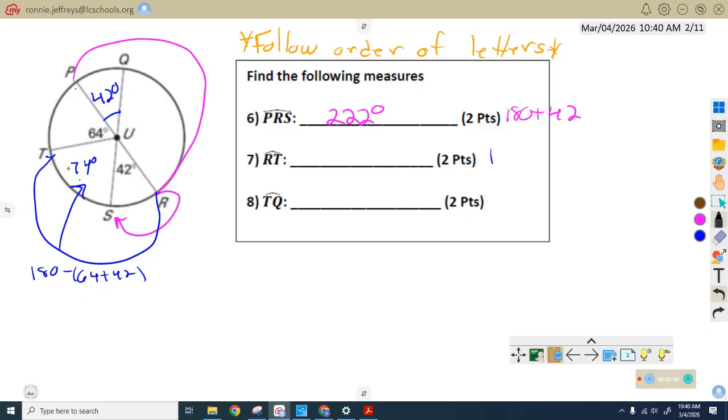So from here to here, that would be both of them, 74 plus 42. This would be 116. And then TQ, so T to Q, so 64 plus 42, 106 degrees.